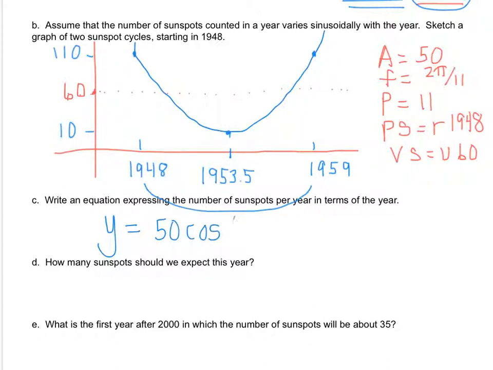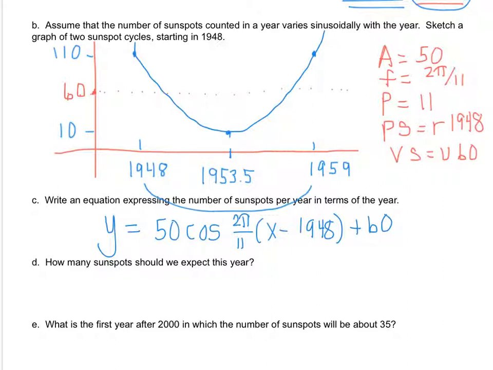My frequency is 2 pi over 11. I have to take into consideration my phase shift, so my year minus 1948, parentheses, and then my vertical shift up 60. So that is my equation.